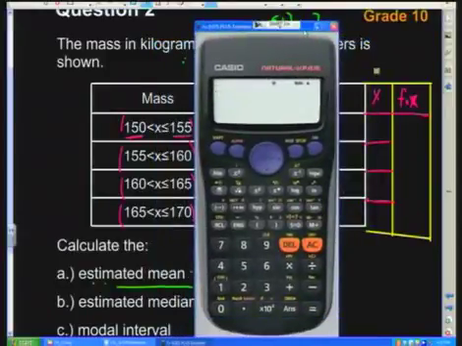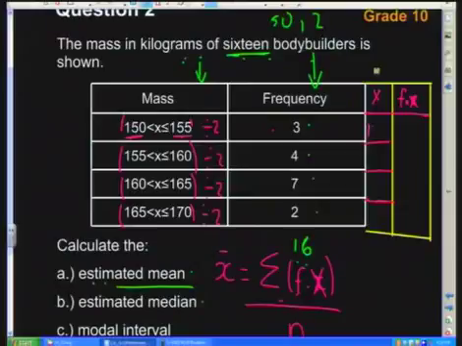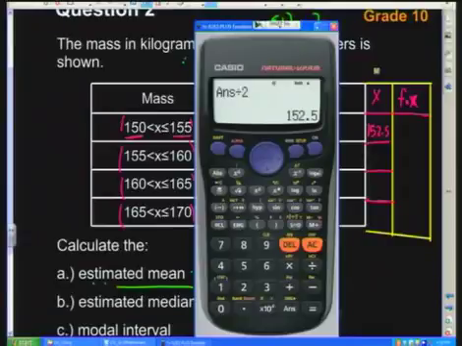So, the first one, we've got 150 plus 155, and we're going to divide that by 2. So our first midpoint is 152,5. So that's what we put in the midpoint column. We then go to the next one.